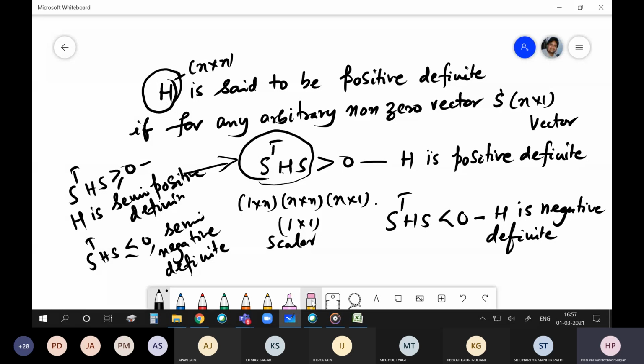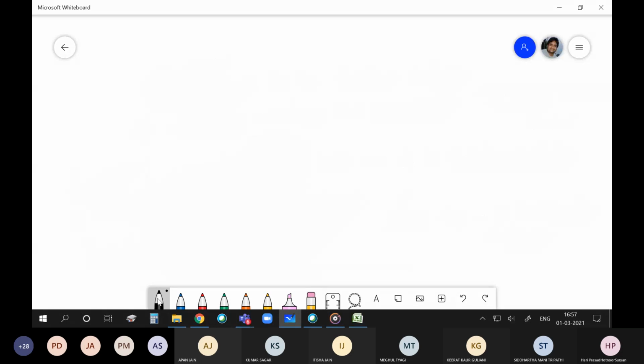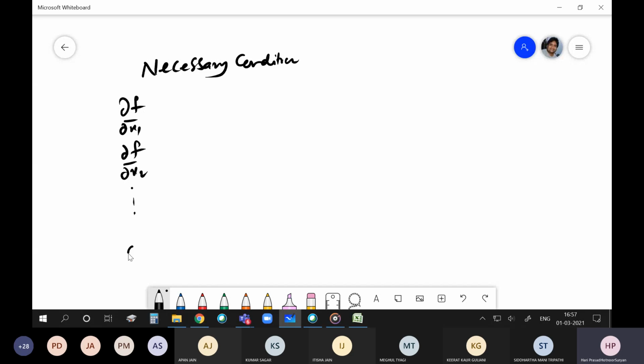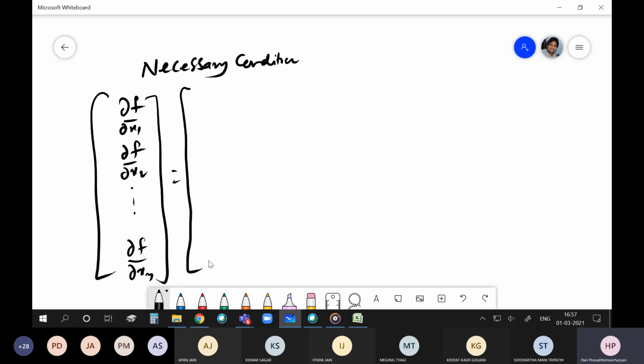So what is the necessary condition which we proved? It is del f by del x1, del f by del x2, up to del f by del xn equal to 0. That means the first derivative should be 0.